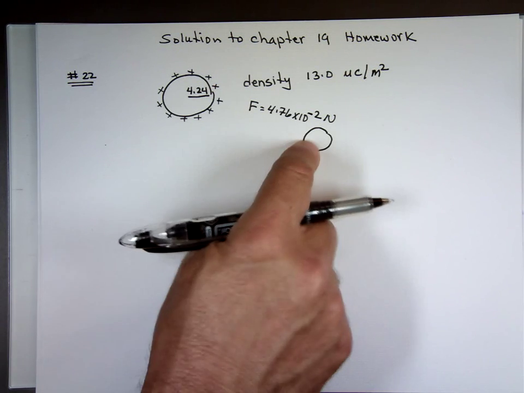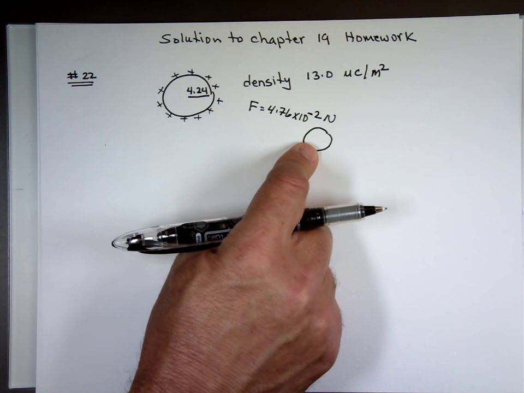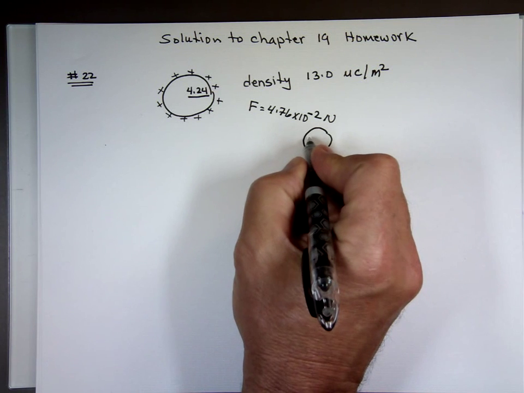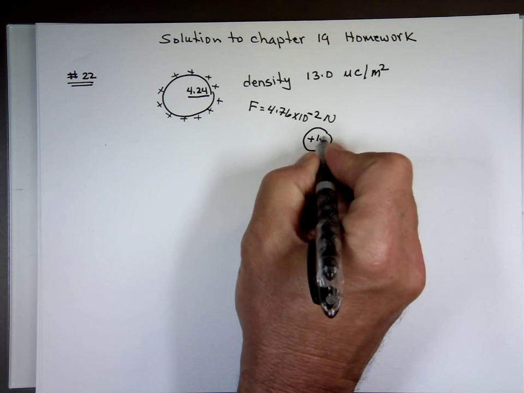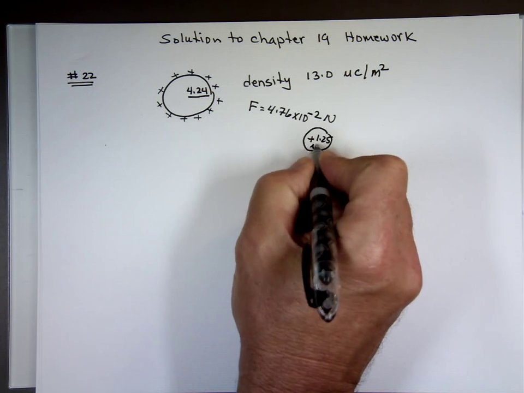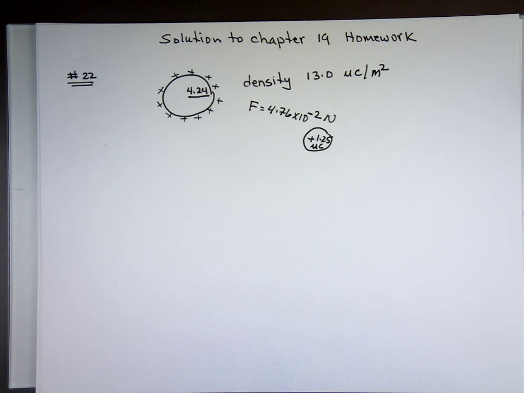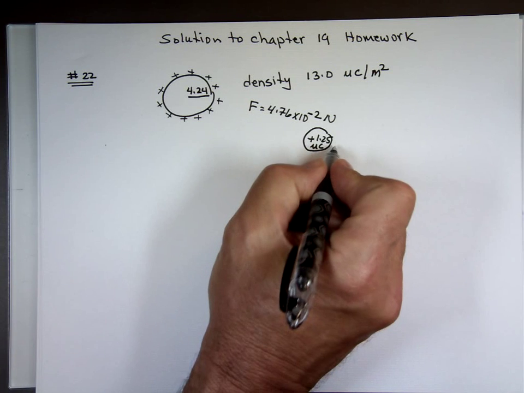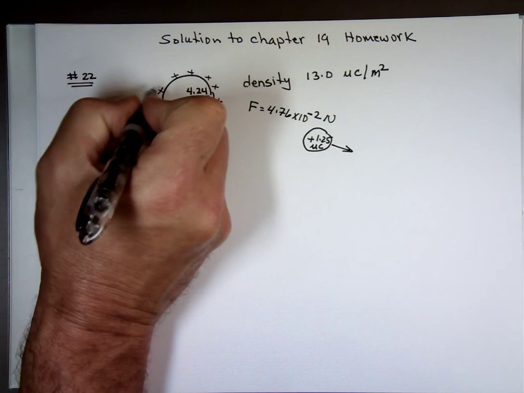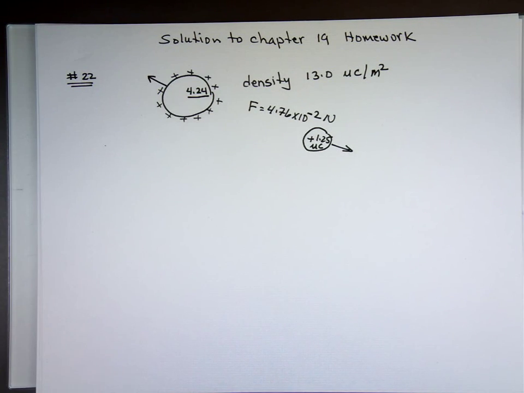And this spot has a charge of 1.25 microcoulomb, positive. So there's a positive charge here, and this is a positive charge. So we know the force is going to be pushing away from each other. That's the direction of the force. And the question: what is the distance between them?